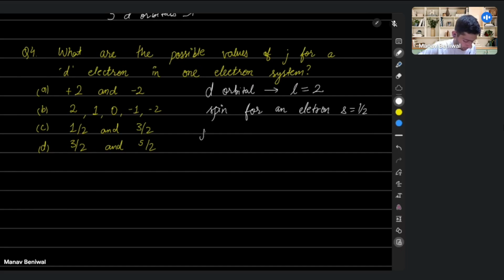The values of j for an LS coupling scheme, which is your orbital angular momentum and your spin when they are coupled, go from mod of L minus s all the way to L plus s.